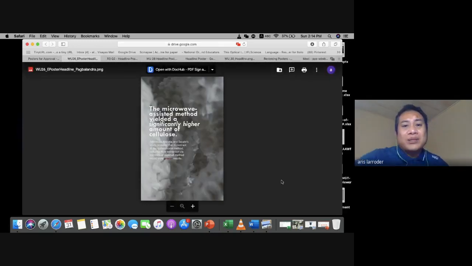This one, the microwave assisted method yields a high amount of cellulose. I don't know if you highlight the method or you highlight the result. Let me check. You use actually a gray background and then you use white text. But what is newsworthy about the greater results?